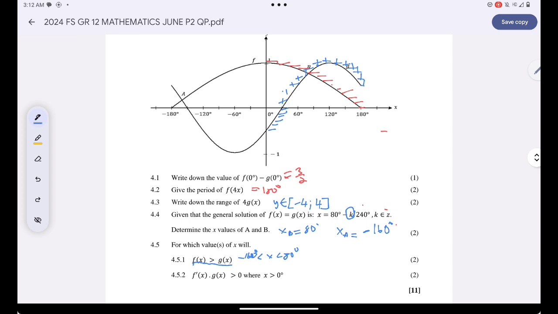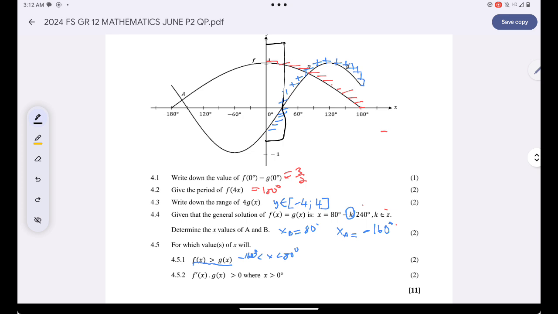They want the values of x whereby both the red ink and the blue ink have the same sign. In this region here, the graph of f is decreasing, and the graph of g is also negative.